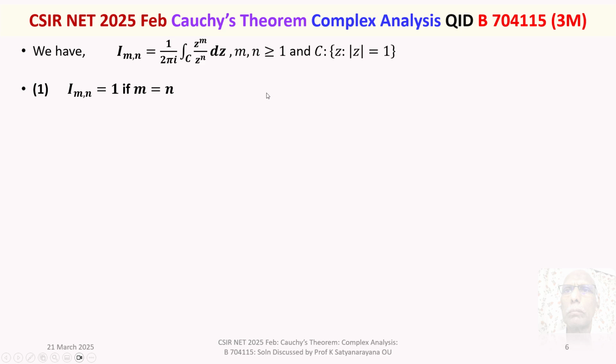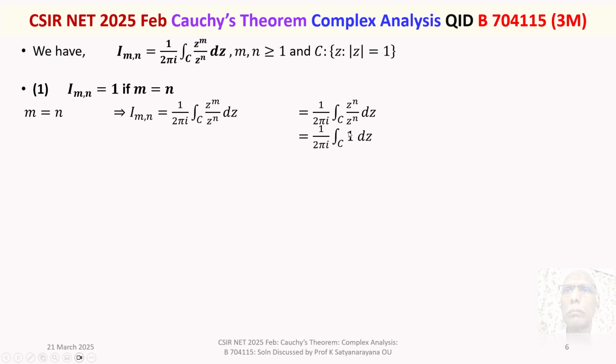What happens if m is equal to n? We will see. m equal to n will imply I_{m,n} = 1/(2πi) times the integral taken round C of z^n / z^n, since m is equal to n, and this is 1/(2πi) times the integral taken round C of 1 dz.